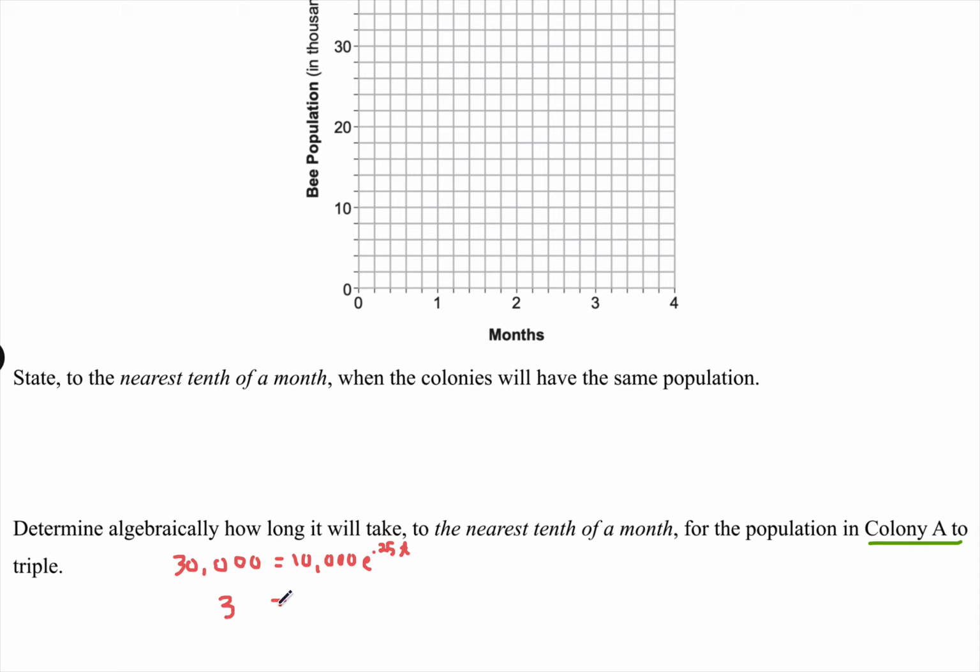The triple rate: 3 equals e to the power of 0.25 t. In this case, since we're dealing with e, the only thing I can do to take the inverse here is the natural log. Your little hint is, if you look at your calculator, the e and natural log buttons are right next to each other.